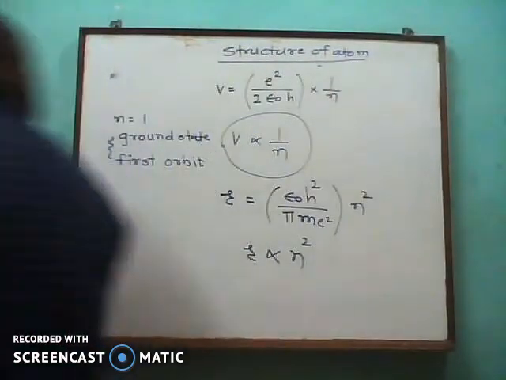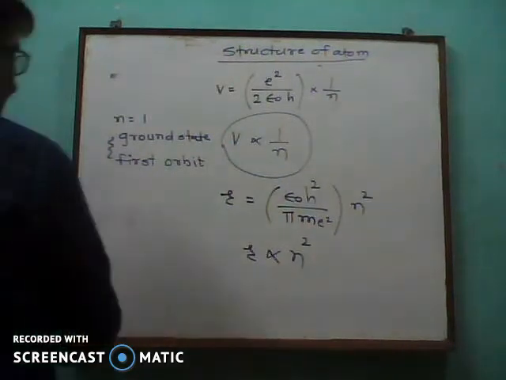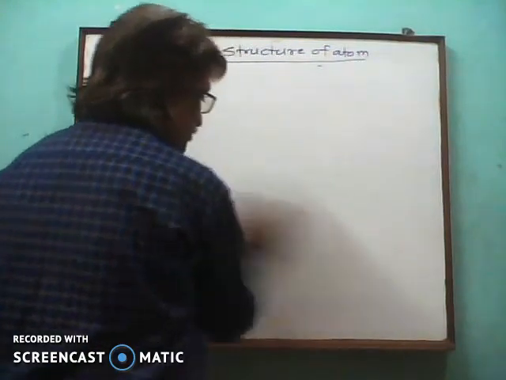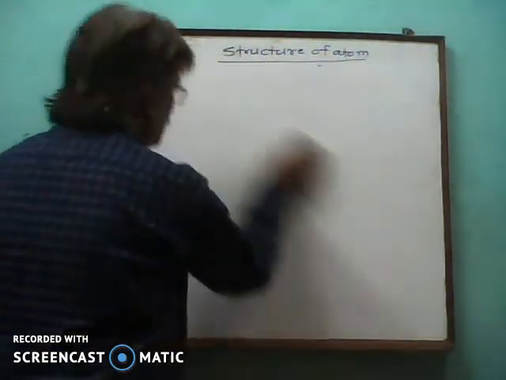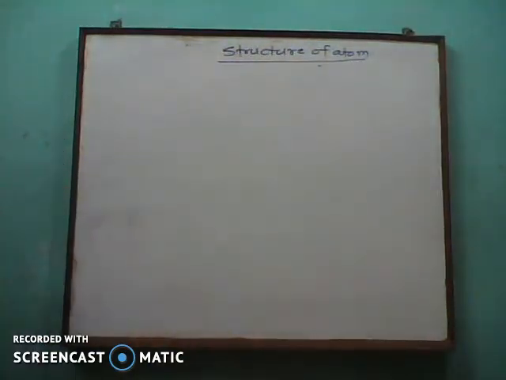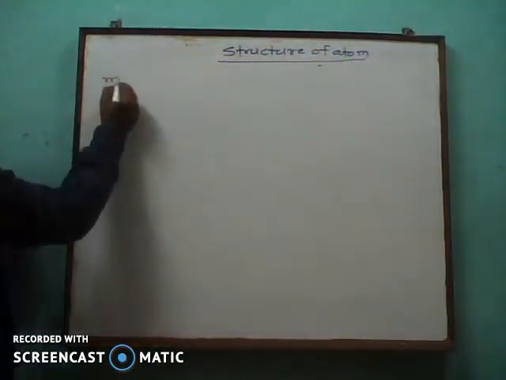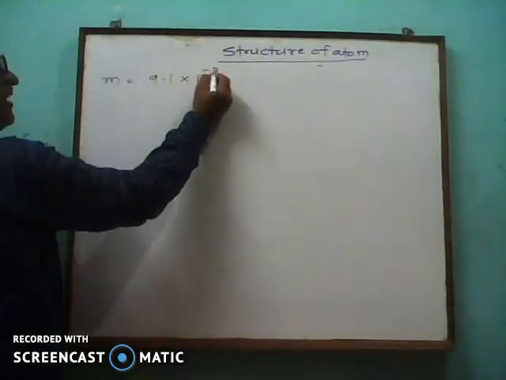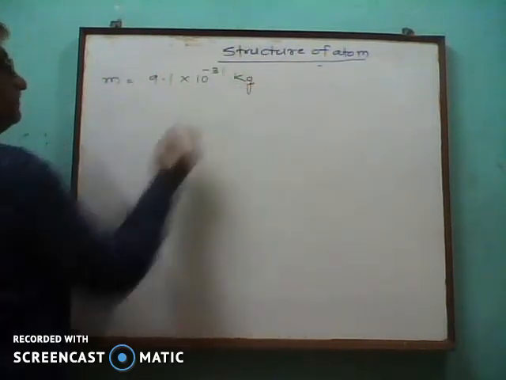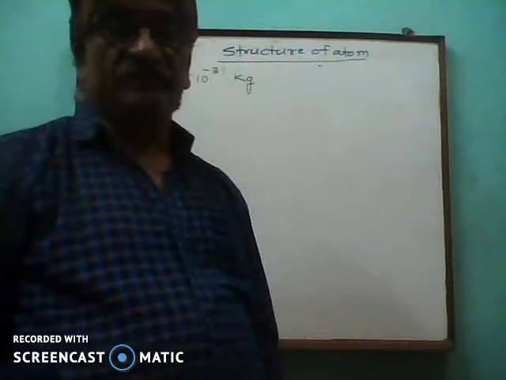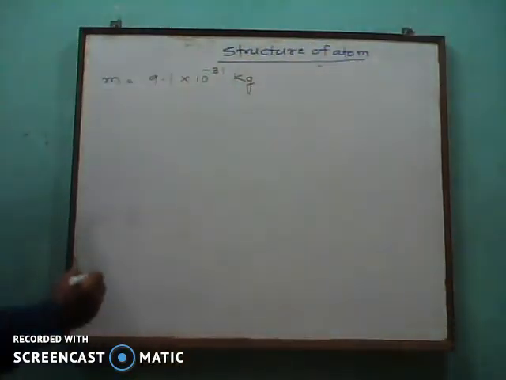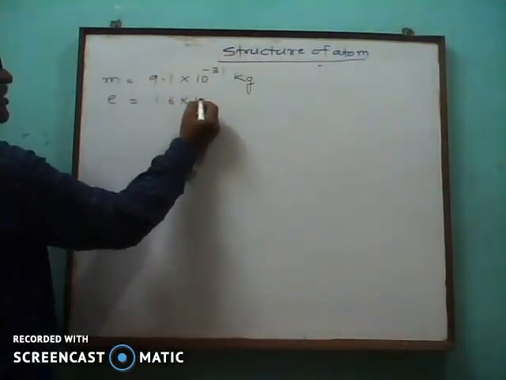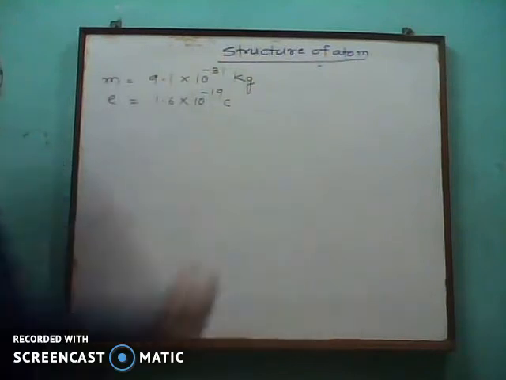So today in this video, what are the values of constant terms which are used in these formulas? The first constant term will be mass of electron, and its value will be 9.1 into 10 to the power minus 31 kg. Next, charge of electron, 1.6 into 10 to the power minus 19 coulomb.